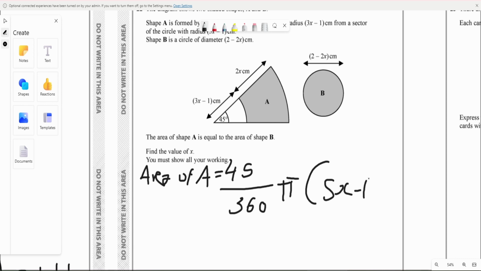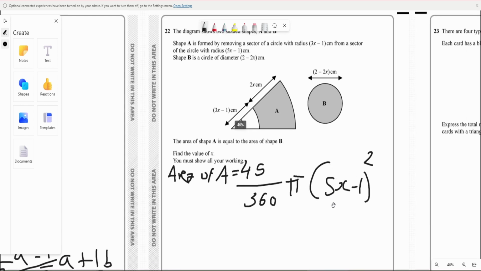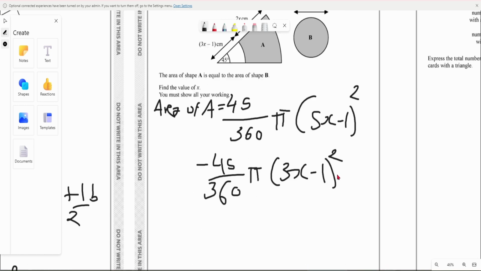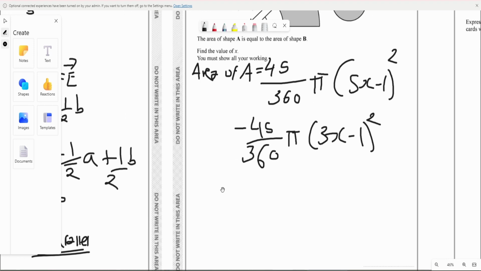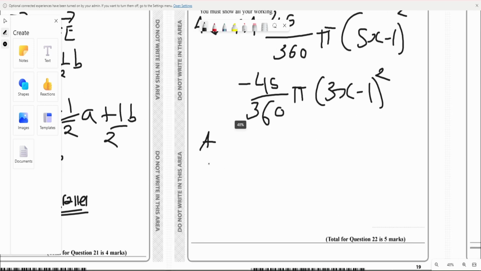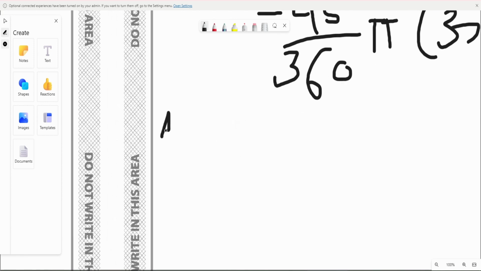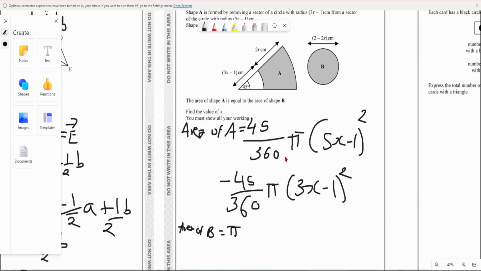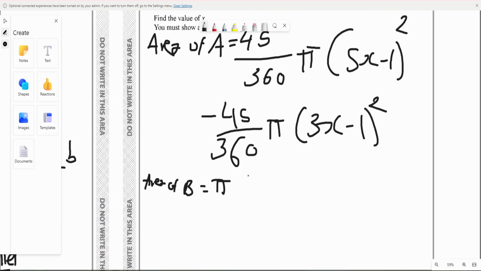5x minus 1 squared, and we're going to minus that from the area of the smaller region, which is 45 degrees divided by 360 times pi times 3x minus 1 squared. The area of B is pi times 1 minus x squared.